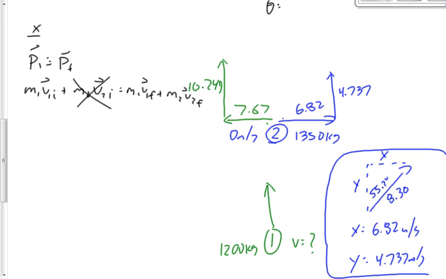Object number 1 is 1,200 kilograms. We don't know what V1I is. Let's solve for that. Ken, what's V1F there? V1, remember, is the green guy. V1F X component. Yeah, we'll make it negative 7.67 because it's to the left.